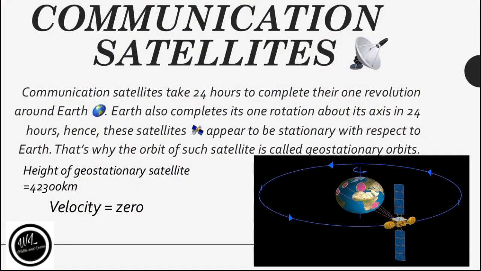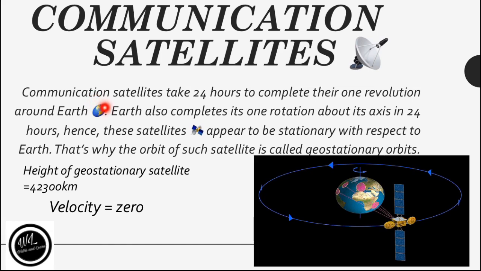So firstly, communication satellites. In exams, they can ask you a question such as why communication satellites are stationed at geostationary orbits. Communication satellites are basically those satellites which are used for communication.